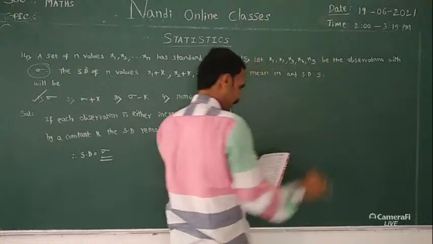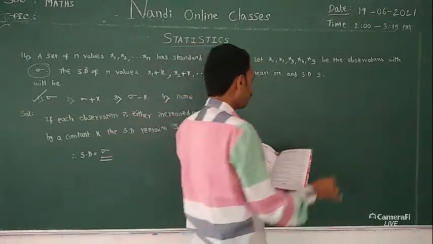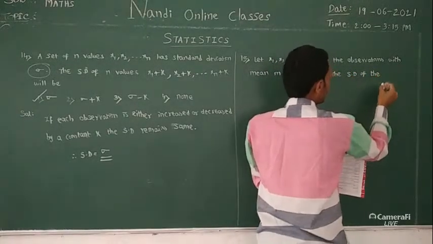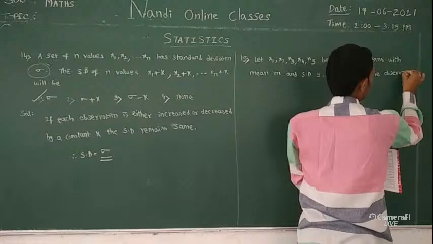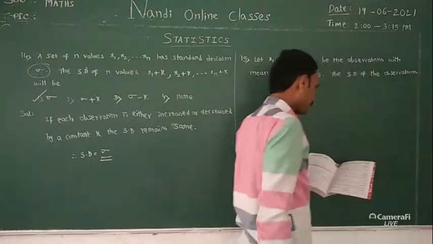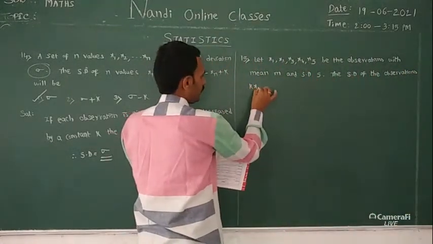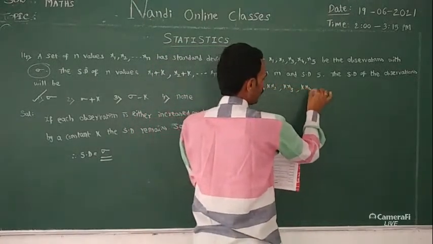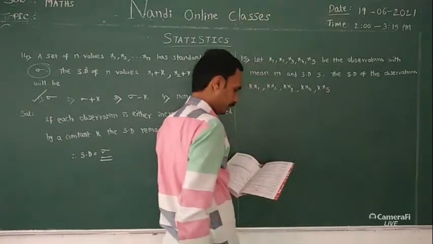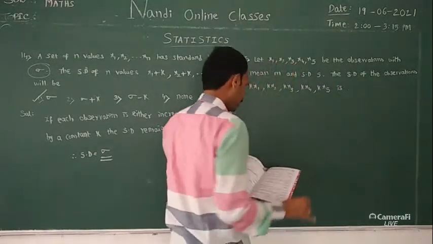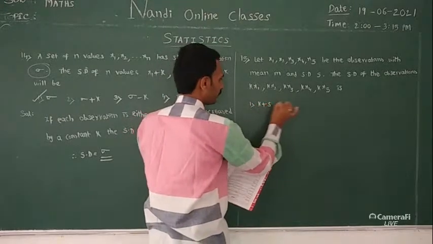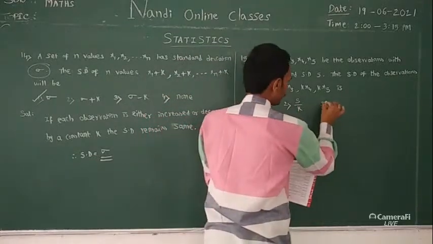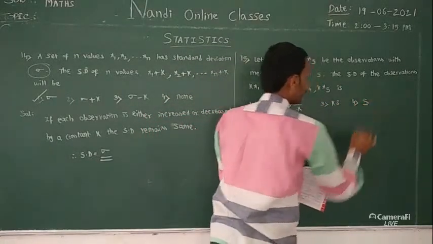The standard deviation of the observations kx1, kx2, kx3, kx4, kx5 is. Options are: first k plus s, second s by k, third ks, fourth 4s.